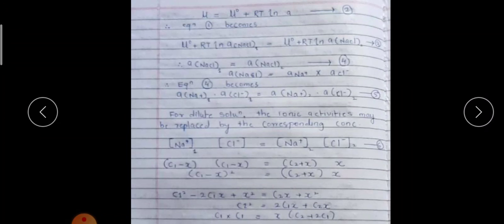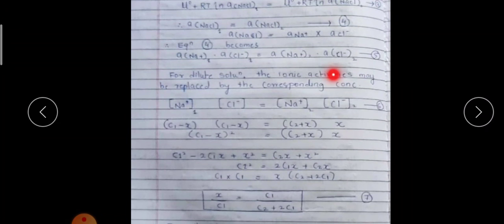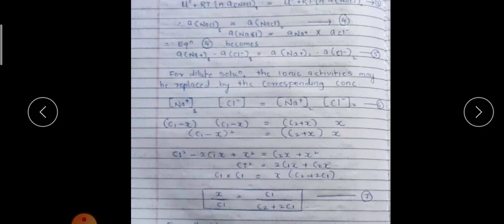Therefore C1 squared equals 2 C1 X plus C2 X. Therefore C1 times C1 equals X times (C2 plus 2 C1). Therefore X upon C1 equals C1 upon (C2 plus 2 C1).